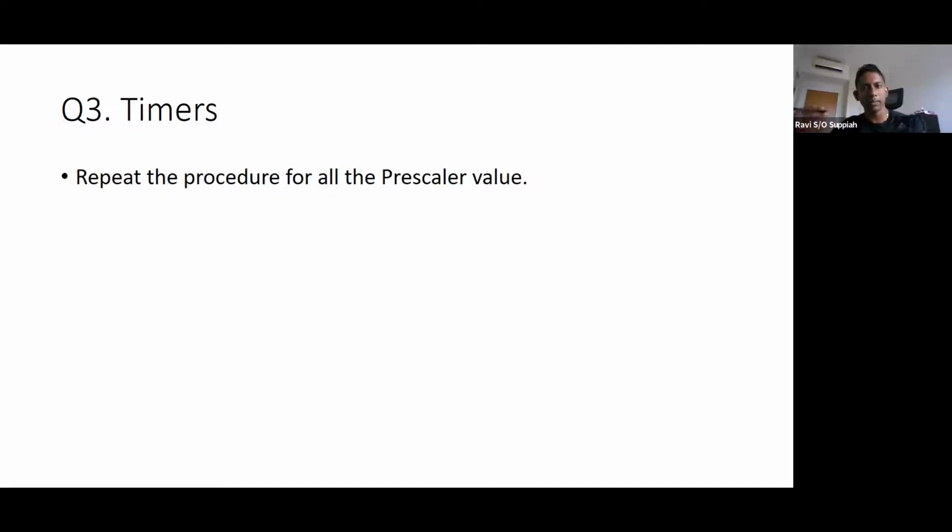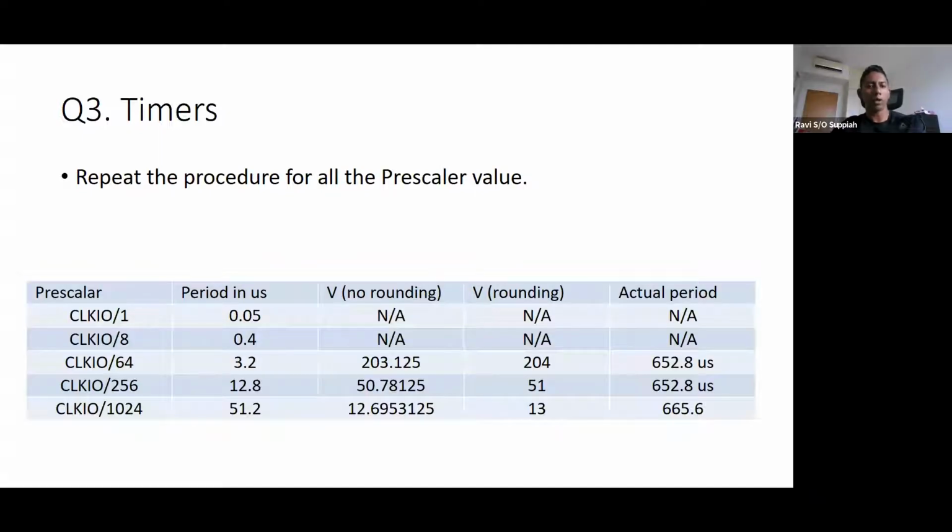If you go through that same sequence for all the prescale values, you will see that for these two table entries, the B value is not written because it's too large. You need to fit into an 8-bit register, and it's too large to fit, so it's not possible.